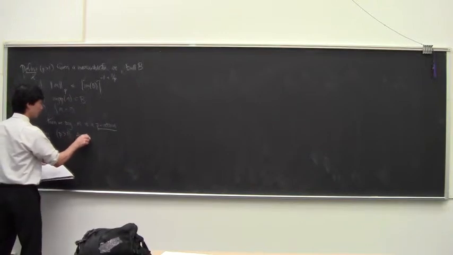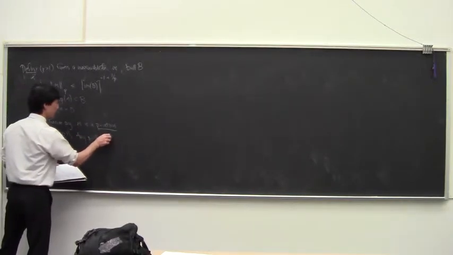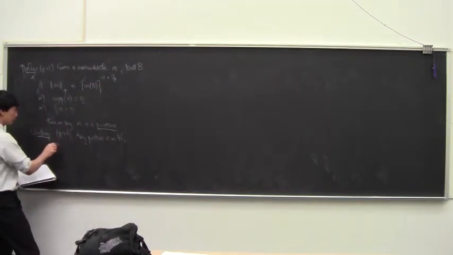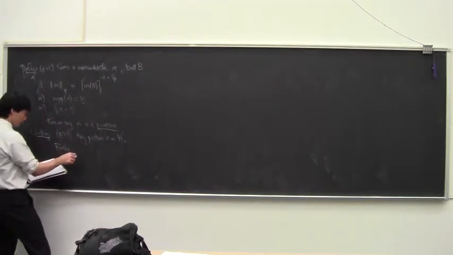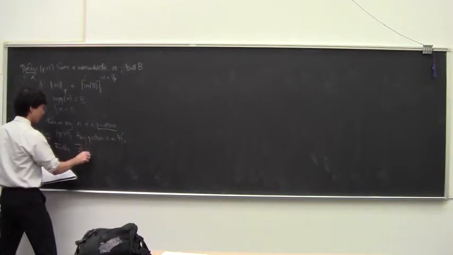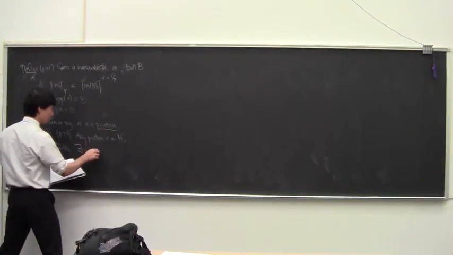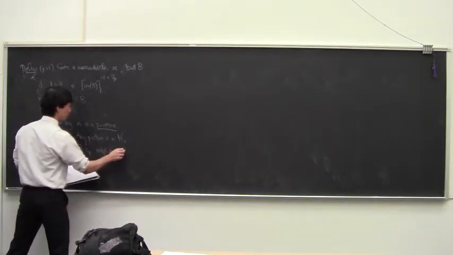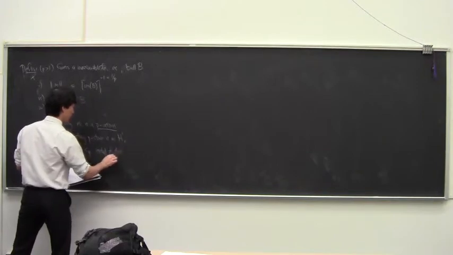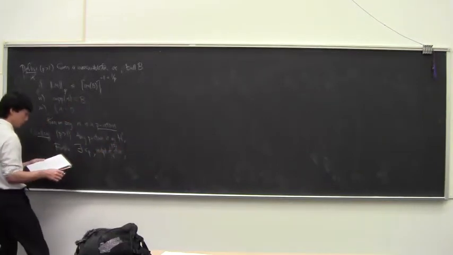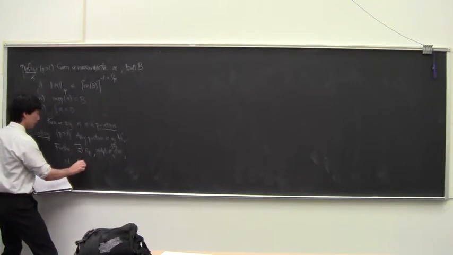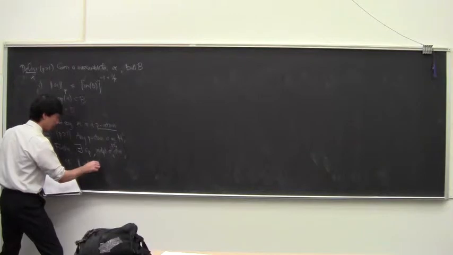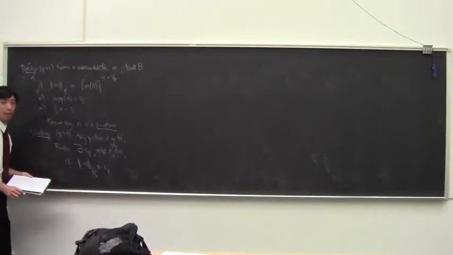So here's the corollary of the previous theorem, the characterization theorem. Any P atom is in H1. Further, there exists a bound independent of the atom such that the H1 norm of every P atom is controlled by that number.